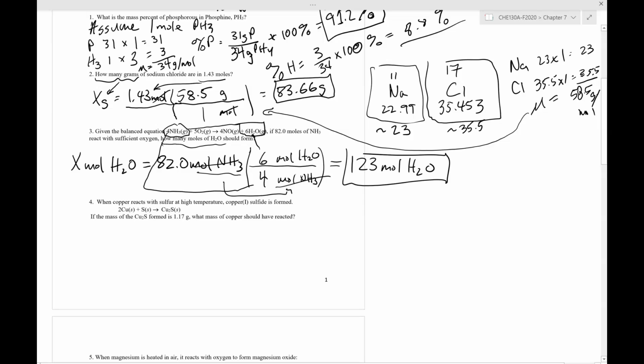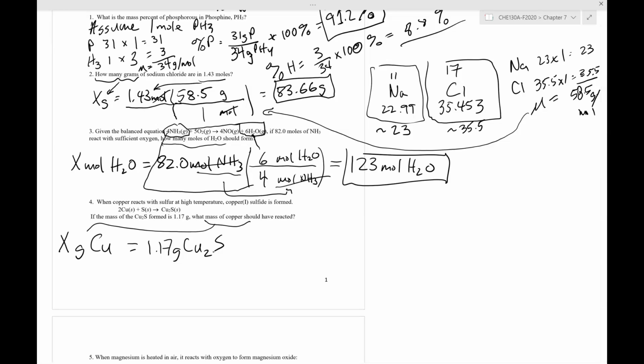And so we're being asked what mass of actual copper should we have reacted. So the question is how many grams mass of copper, okay, that's that bit, is equal to 1.17 grams of Cu2S. So we've got 2 different substances, which means that we're going to have to go through moles to get from one to the other.